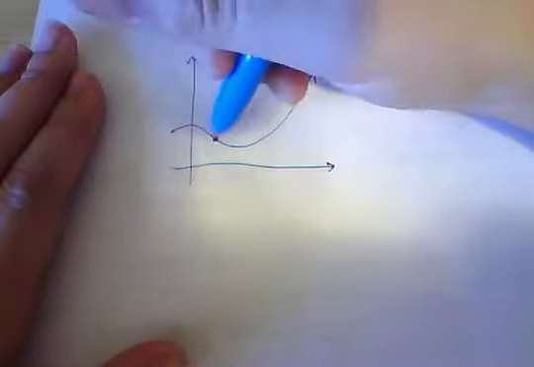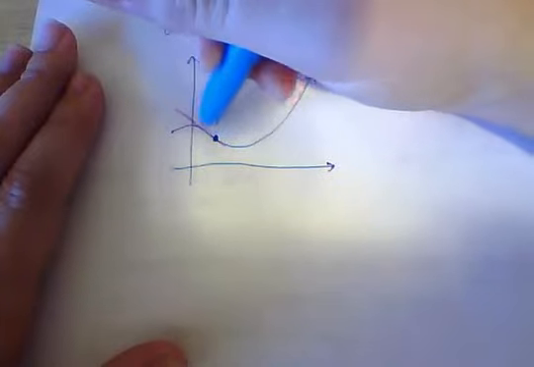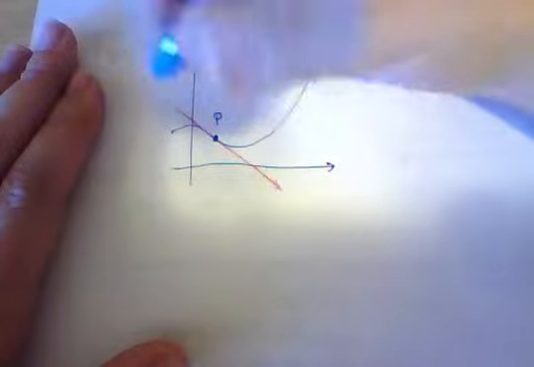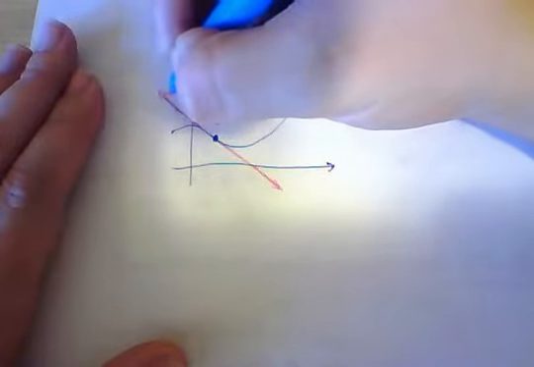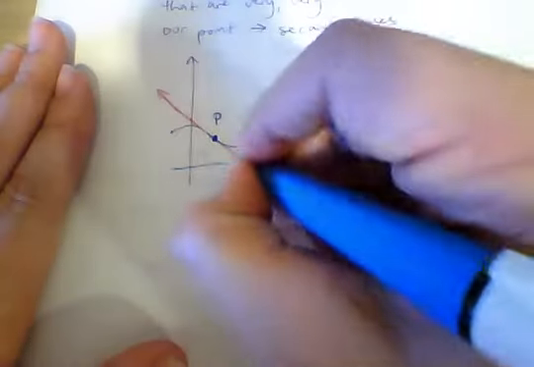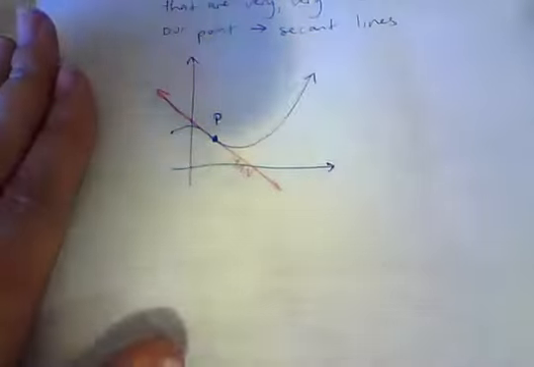Let's keep on drawing that, make sure we stay consistent here. That one was our tangent line because it has the exact same slope as our point, and we can even label that, say, tan for tangent.